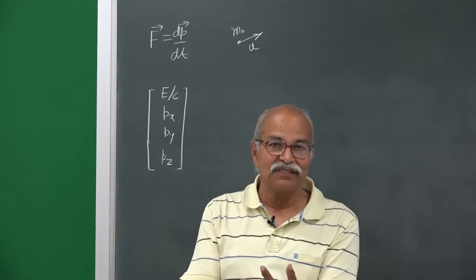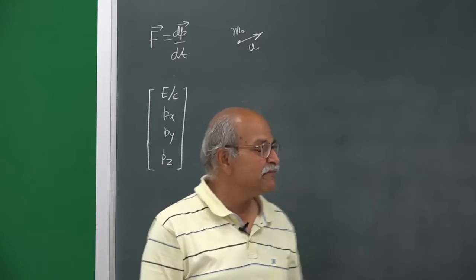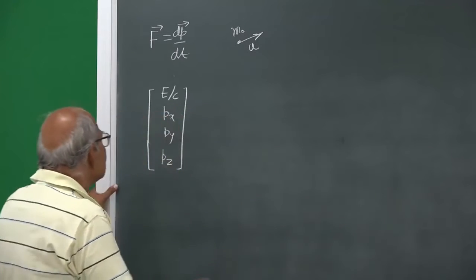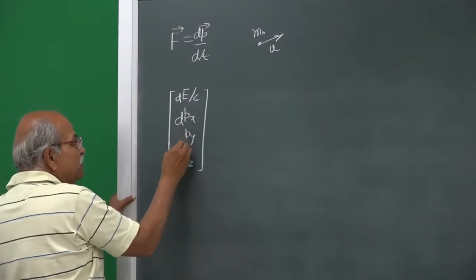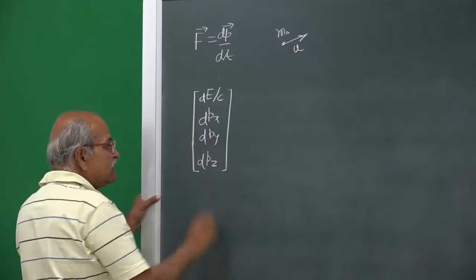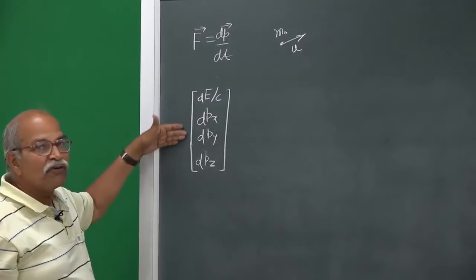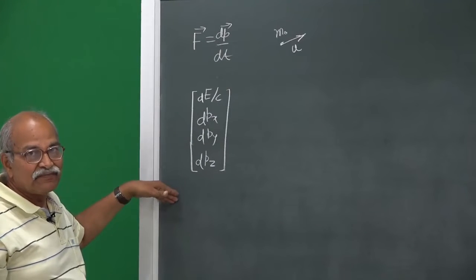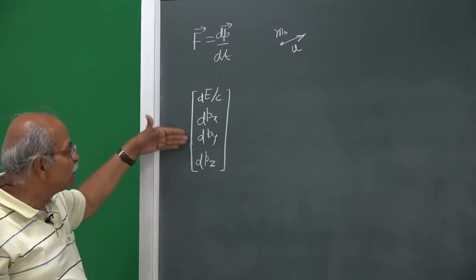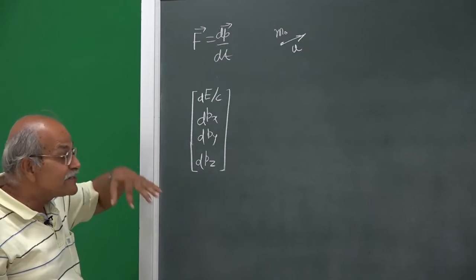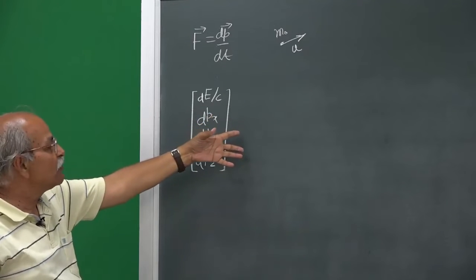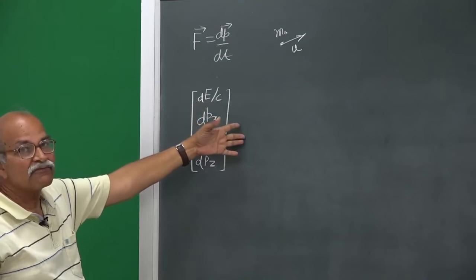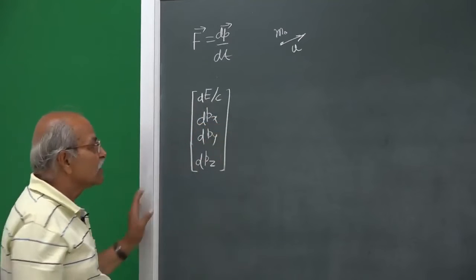Therefore, dE/c, dpx, dpy and dpz also form a 4 vector. And since this forms a 4 vector, as you go from S to S prime, it will transform according to the Lorentz transformation equations.